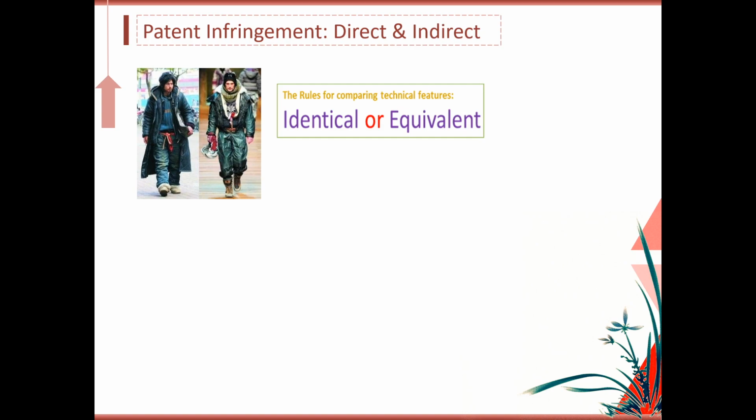However, the one being sued is not always the one who produced the product. It could also be the sellers who sell or offer to sell the infringing item, or the end user who purchases the infringing item and uses it for commercial purposes.